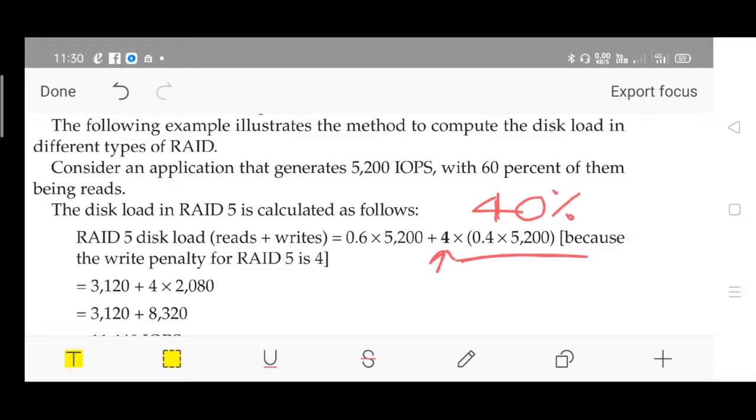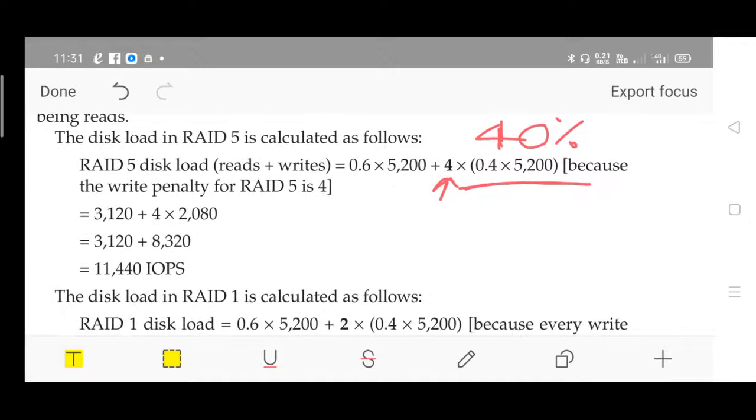So we are considering the multiplication factor 4. So 60% of 5200 will be coming as 3120, in addition with 40% of 5200, that is 2080, multiplied by 4, which gives you 8320.